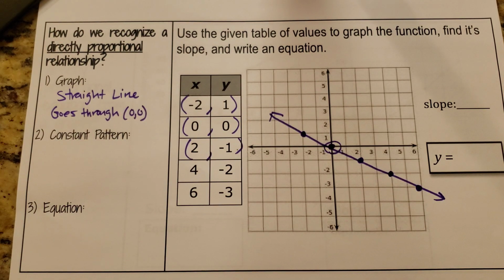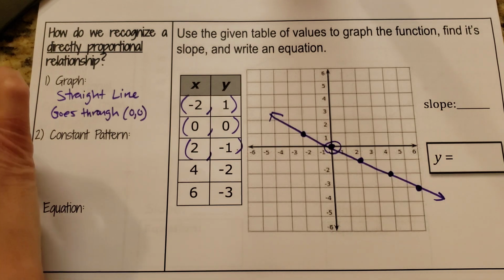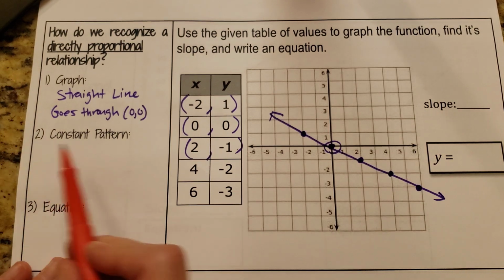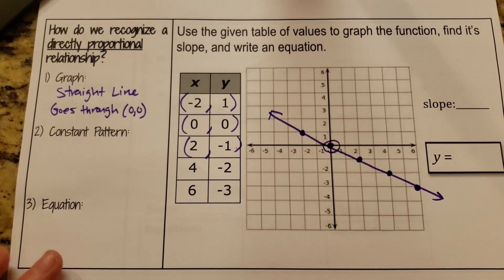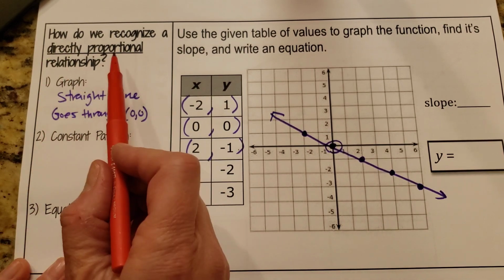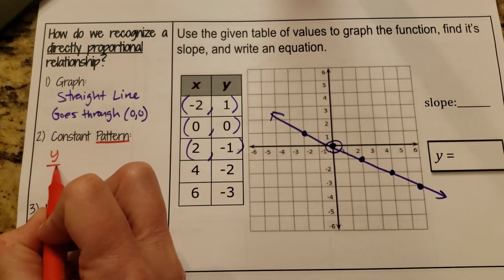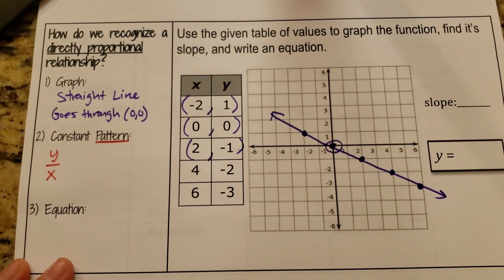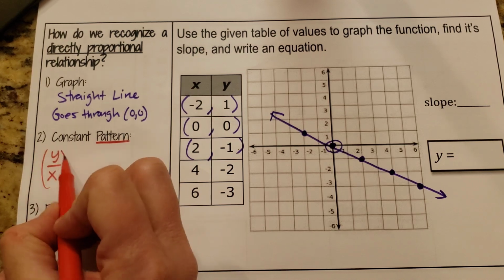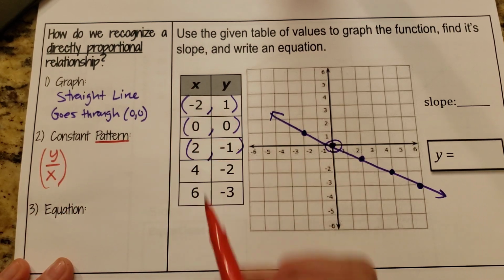Now let's go ahead and take a look at the constant pattern that we see in the numbers in the table. Remember, with all directly proportional relationships, we're going to see a pattern that's y over x, and that's our slope. So let's go ahead and take a look at all of the y over x ratios.